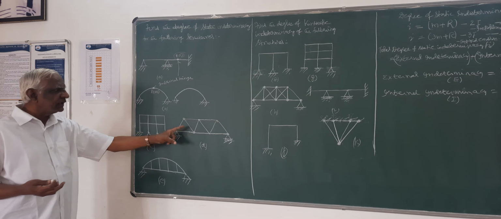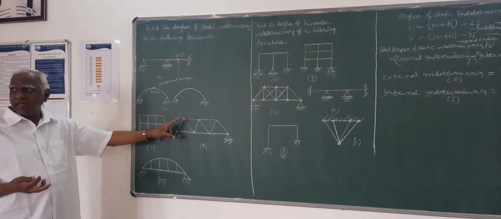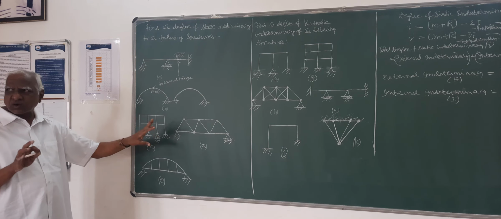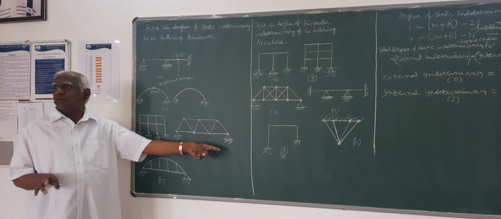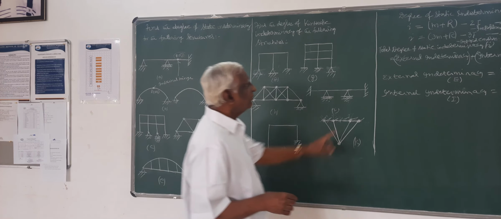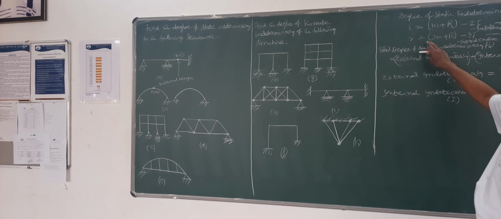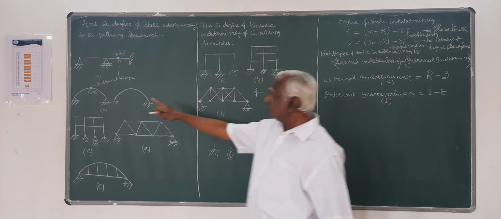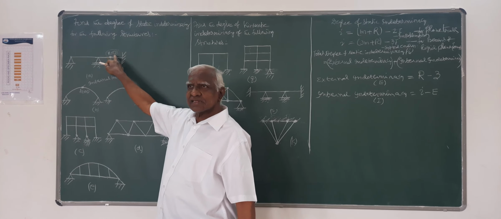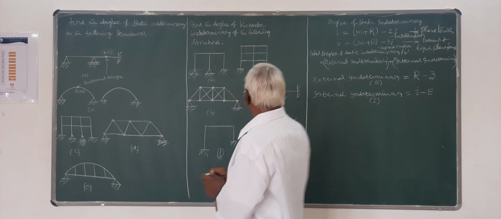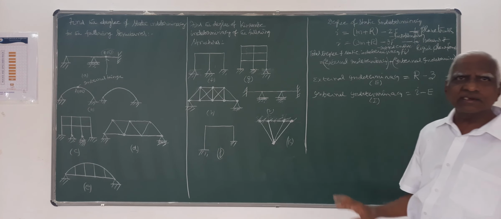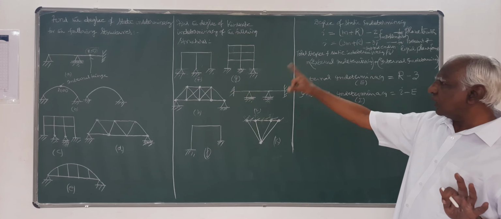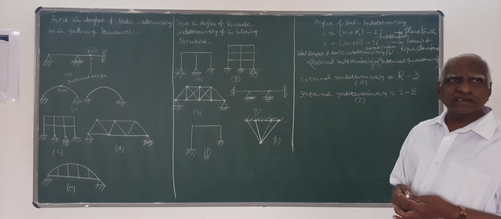This is a pin-jointed plane frame, a truss. So we have to use the first formula. In all other cases, I have to use the second formula, and in these two cases, since an imposed condition is there, I have to take that extra imposed condition term.